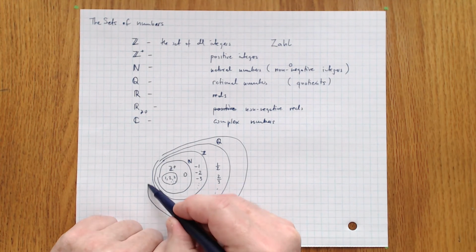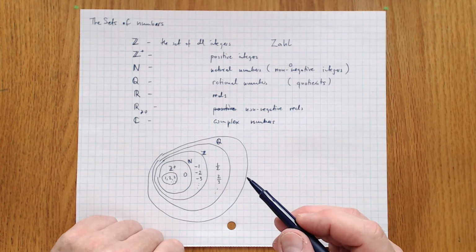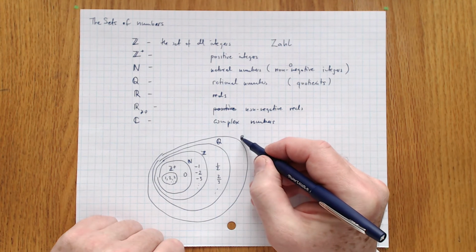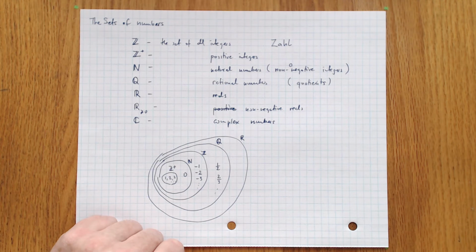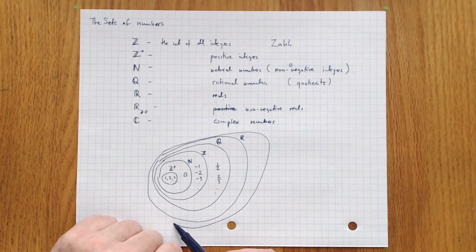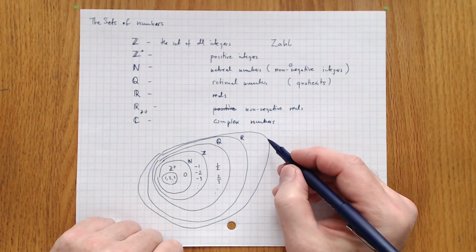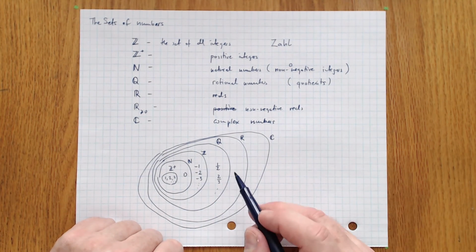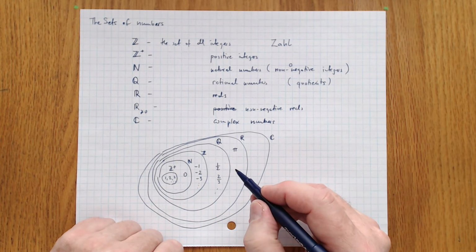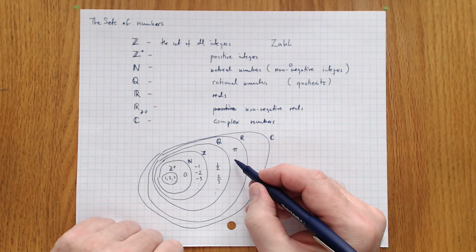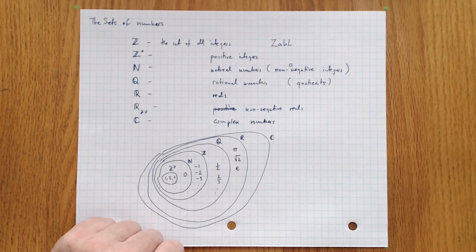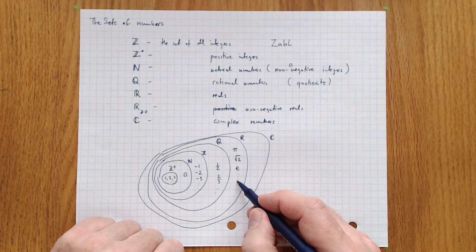Then we have the set of real numbers, and beyond that, the set of complex numbers. In real numbers, there are numbers such as pi, square root of 2, e, the base of natural logarithms, and so on.